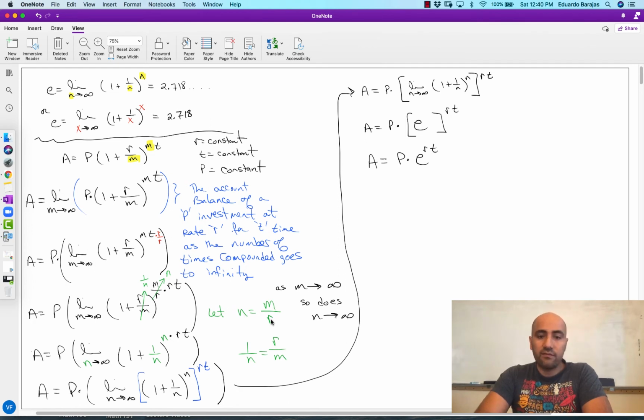They're going to tell you what the interest rate is, and then that stays fixed as m increases. So the limit as m goes to infinity gets changed to the limit as n goes to infinity of this formula. Again, using a little bit of algebra magic, we know that if we have exponents being multiplied, we can rewrite them this way.